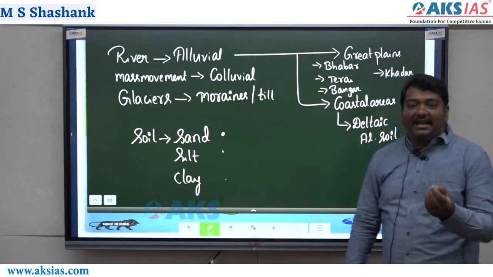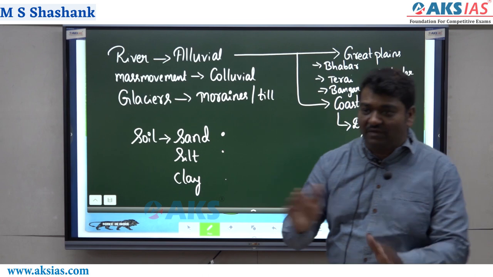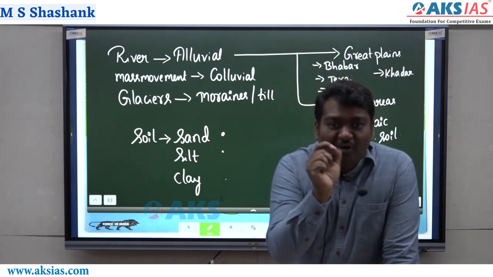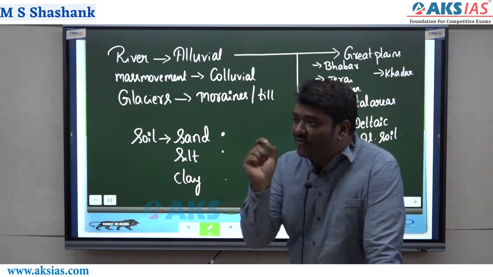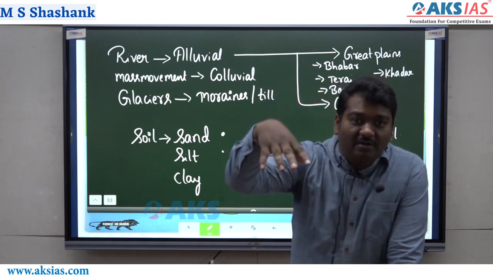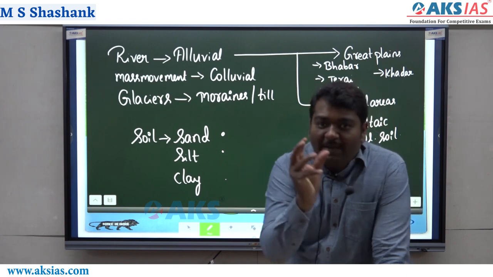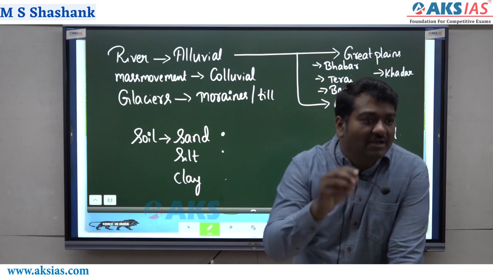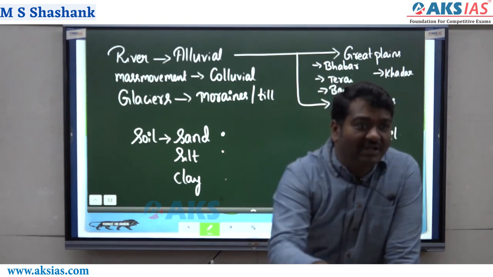See guys, clayey soil means the particles will be very close to each other. If you have small particles, when you pour water, water won't go down. With big particles, gaps will be more and water goes down easily. So when pore size is small, water doesn't go easily.